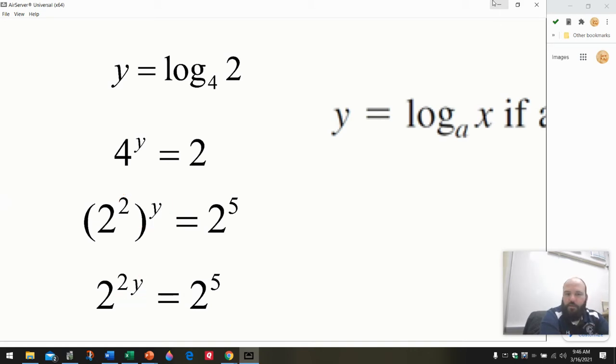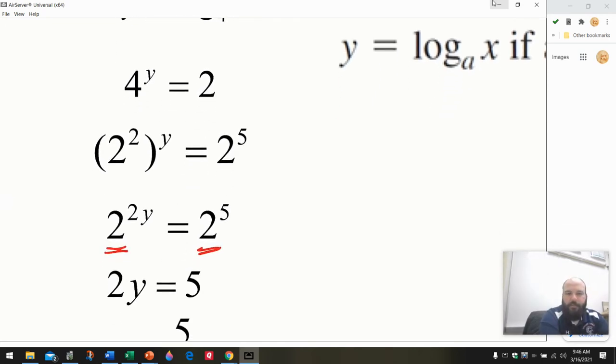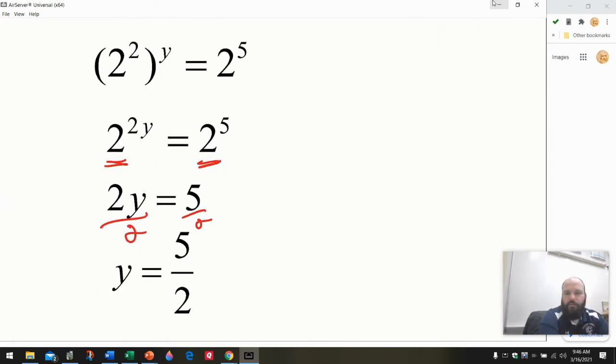Once we have those two multiplied, you can see now that the bases are the same. And so we just set the powers equal to each other. So 2y is equal to 5. And solving that by dividing both sides by 2, you get y equals 5/2. And there's your final answer.